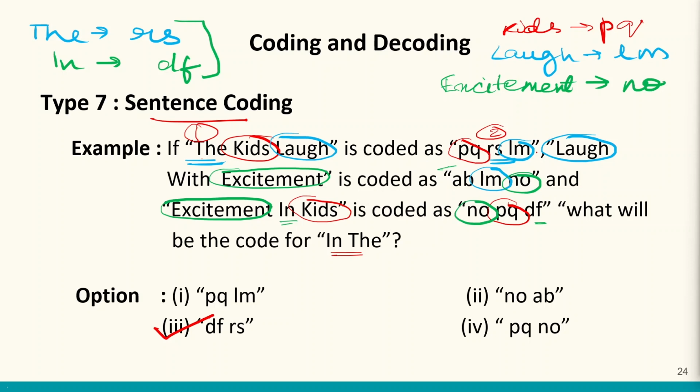The codes are also jumbled up. So this type of question takes a little more time, and we have to find the codes individually for each word by finding the words which are common in the sentences. For example, in these two sentences, kids were common. In these two sentences, excitement was common. That is the way we approach to find the answer.